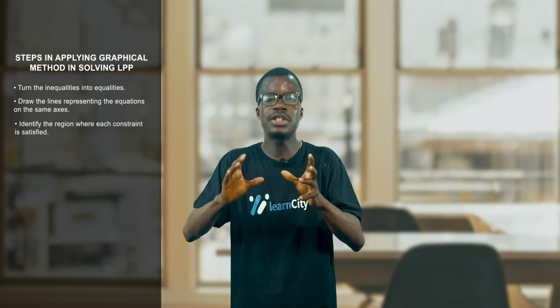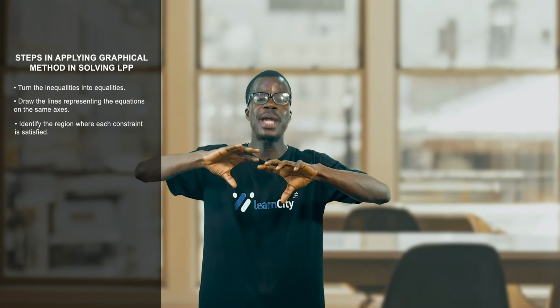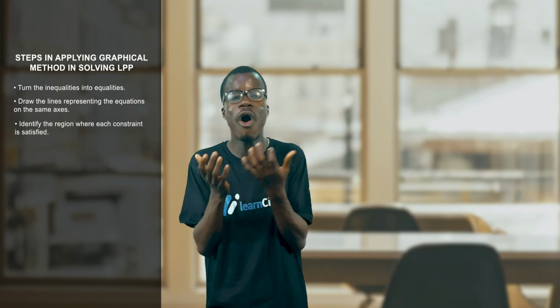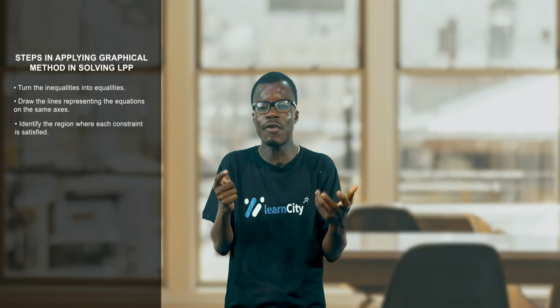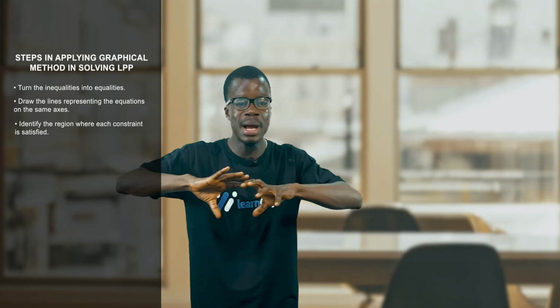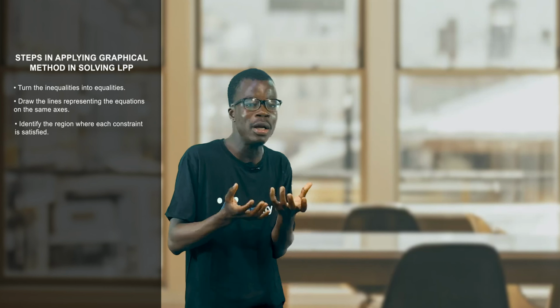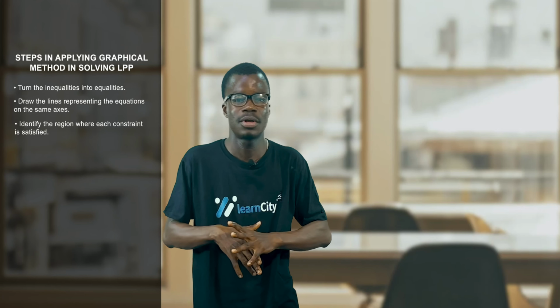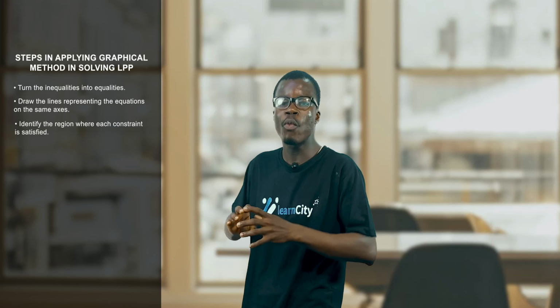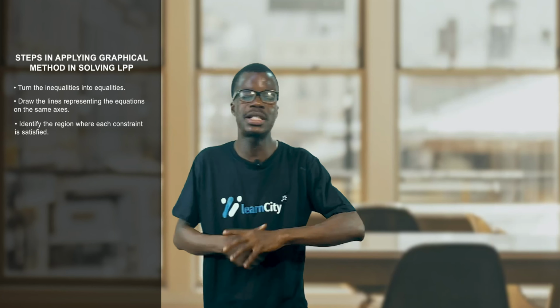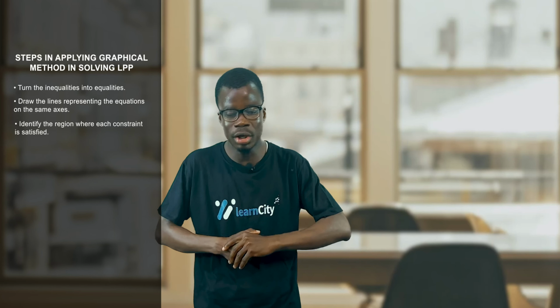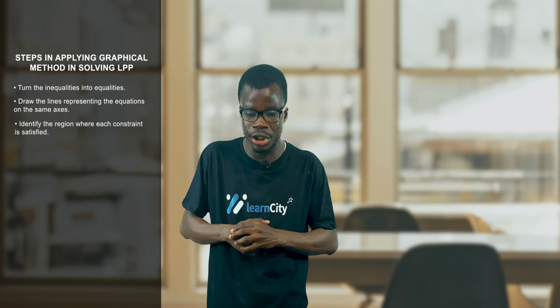Now, on your graph, there will be a region where all these lines, which are representing each of the constraints, intersect, or a region where all these lines are confined. This region is what we refer to as the feasible region. So identify this region.